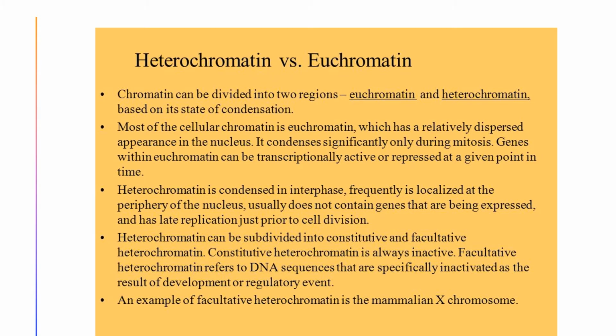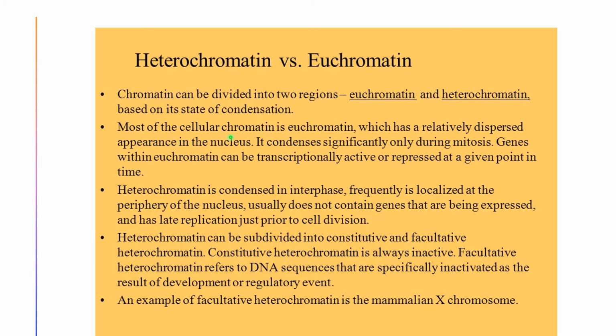Now let's have some more explanation on heterochromatin versus euchromatin. Chromatin can be divided into two regions, euchromatin and heterochromatin, based on its state of condensation. Condensation means whether the chromosomes are tightly packed or loosely held. That is the state of condensation.